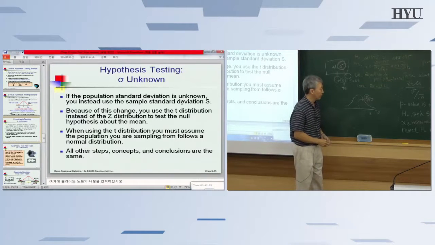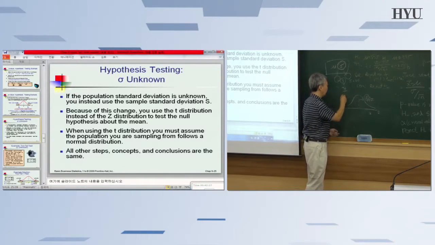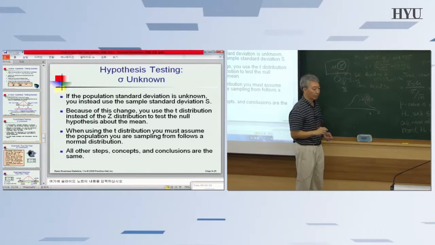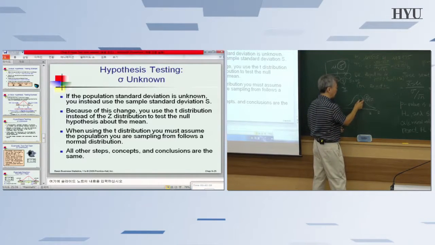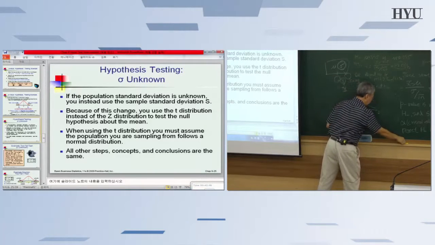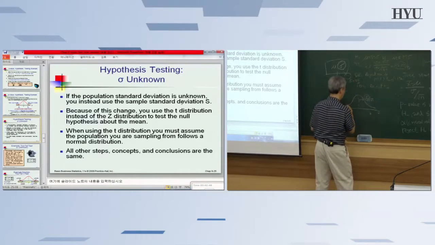Depending on how you selected the sample, you can come up with 98 or 101 or whatever for the sample standard deviation. So what that means is this dispersion, or spread, or variability is a little bit larger.